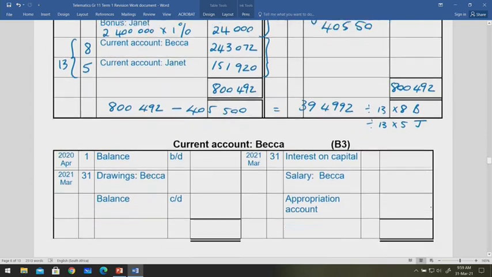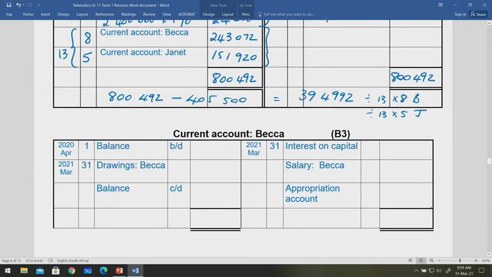If you look at the current account of Becca, we must just make sure whether it starts with a debit balance or a credit balance. Now, Becca's account, they have to indicate to us, there is no way that you can know that. If we look at the information given, the current account of Becca on the 1st of April was a debit balance. So the balance can either be debit or credit.